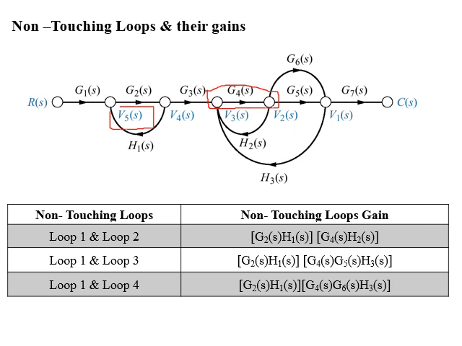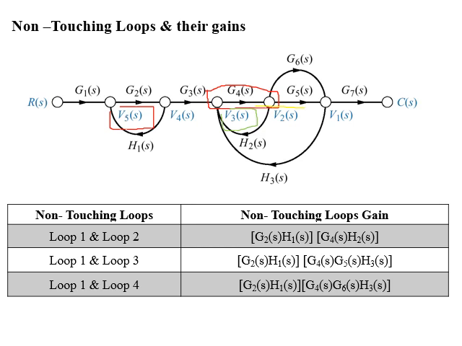So loop 1 and loop 2 is our first non-touching loop, and the product of their loop gain will form the first non-touching loop gain. Similarly, loop 1 and loop 3 is our second non-touching loop, and the product of gain of loop 1 and loop 3 will form the second non-touching loop gain.